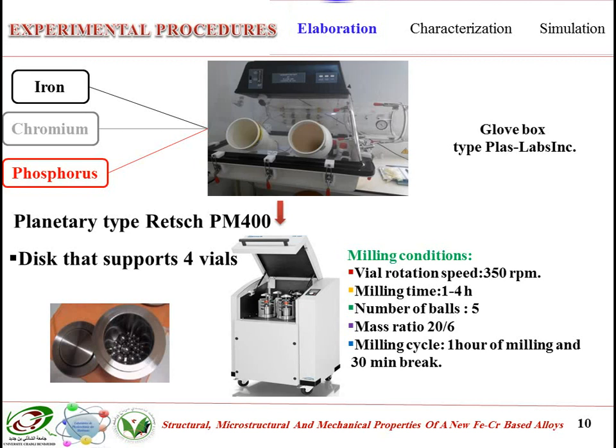The milling conditions are vial rotation speed 350, milling time 1 to 4 hours, number of balls 5, mass ratio 20 to 6, milling cycle 1 hour of milling and 30-minute break.